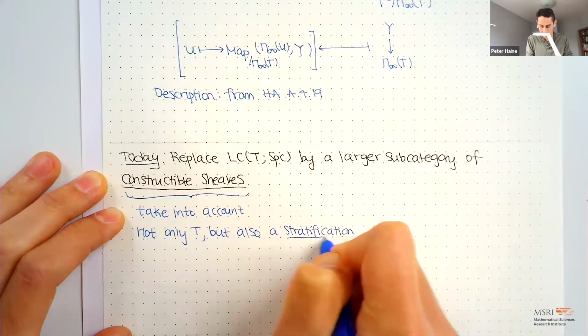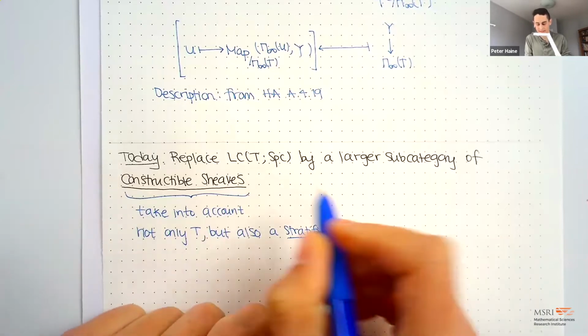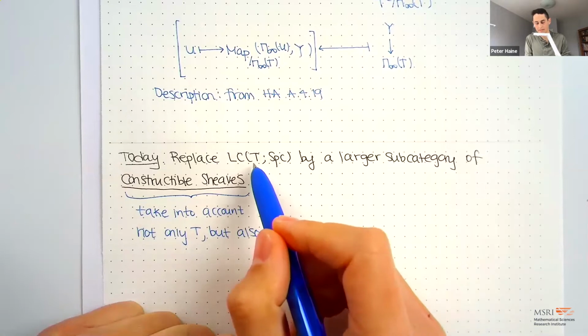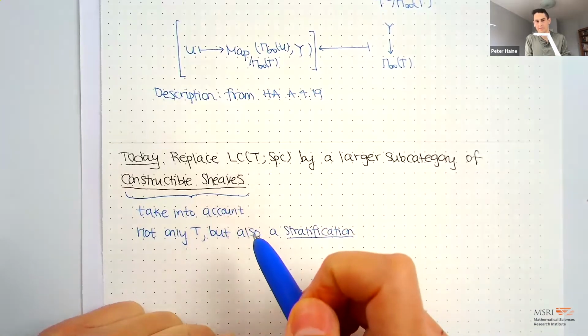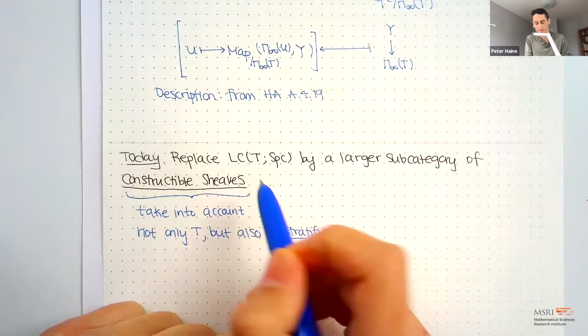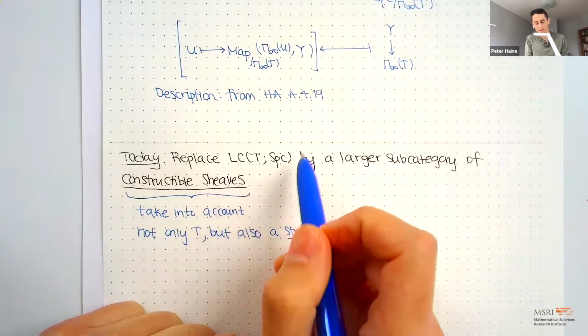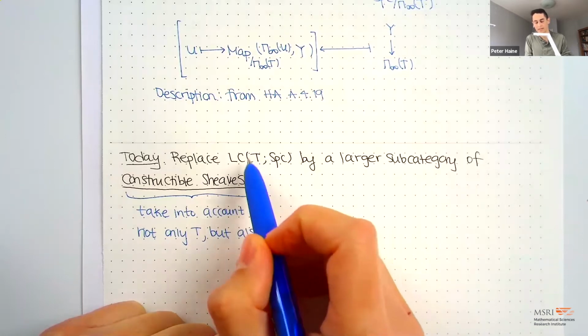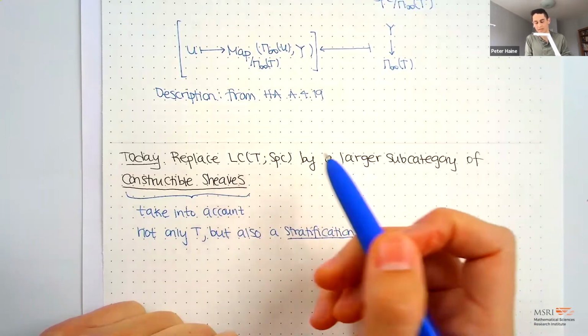One of the motivations for enlarging the subcategory is, say you have some open subset of a topological space and you have a locally constant or just constant sheaf on that open subset and you push it forward, it's not going to be locally constant on the big space usually.